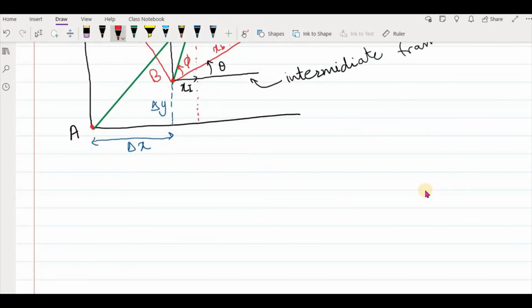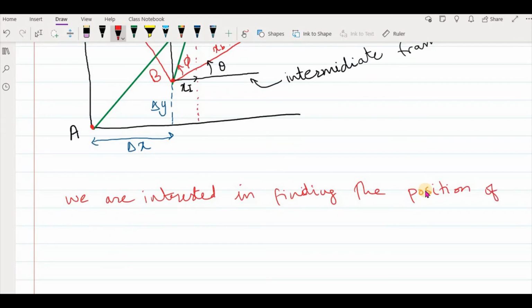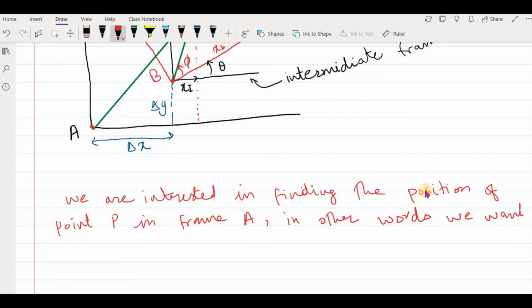So we have a point here. We are interested in finding the position of point P in frame A. In other words, we want to find the AP vector.